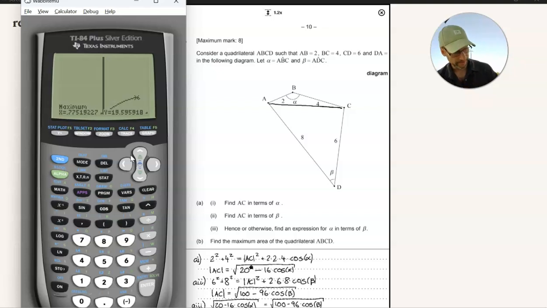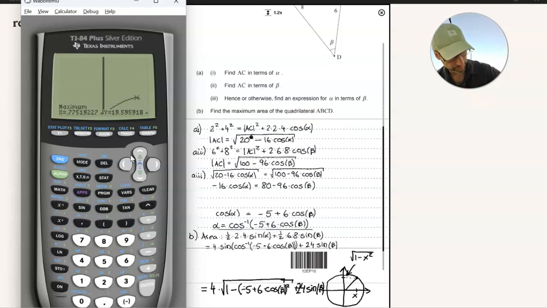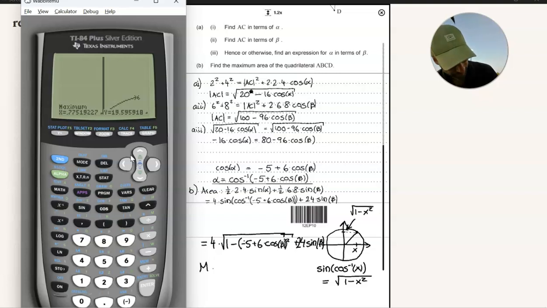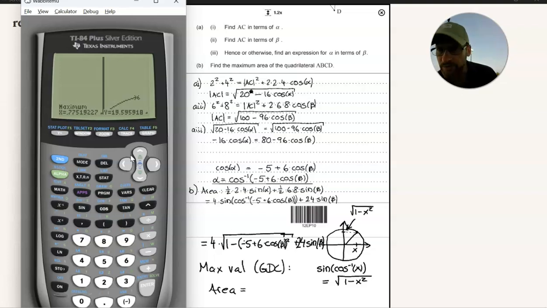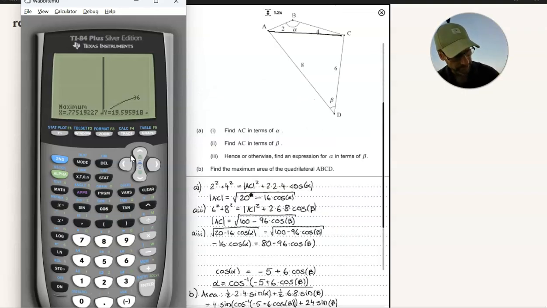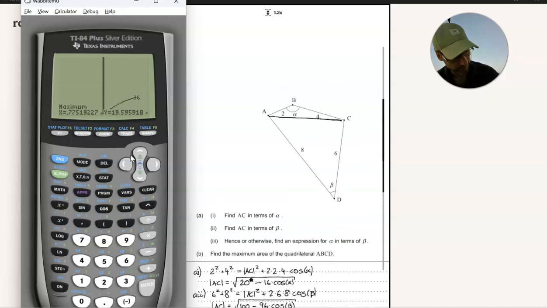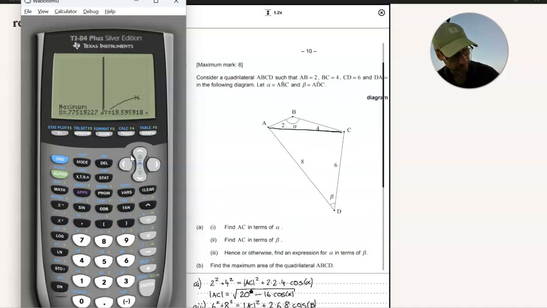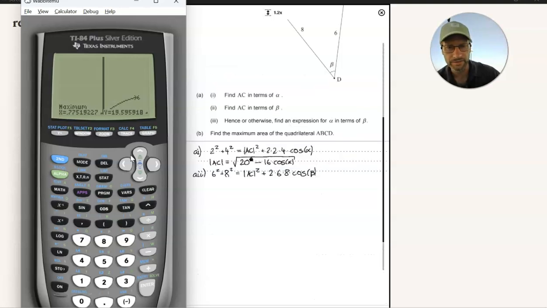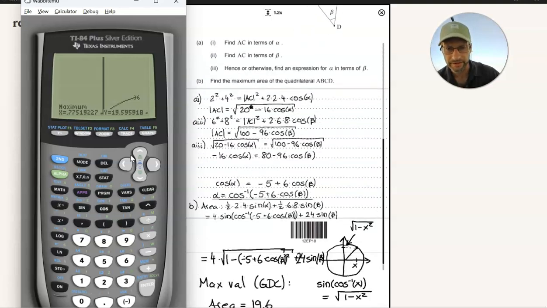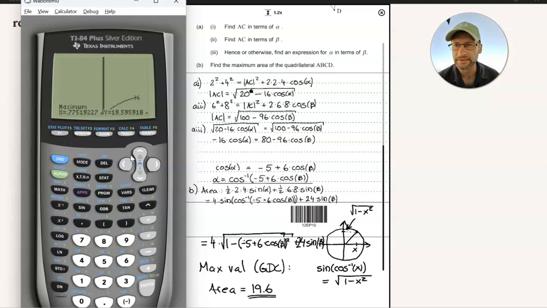And it says right there that the max value, so we can just write here, the max value on GDC is that the area is equal to 19.6. And do we have units in this question? No. So no units. The maximum area is 19.6.